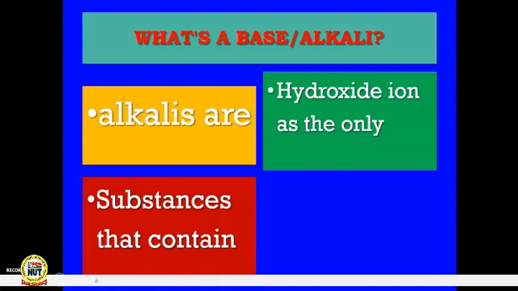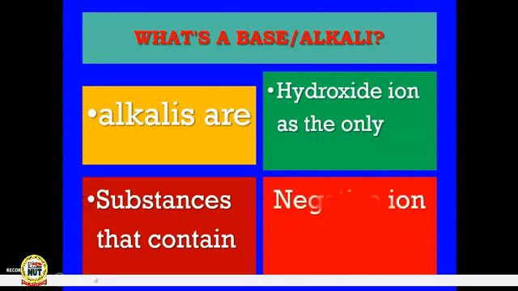They are actual substances that contain hydroxide ion as the only negative ion. And the negative ion is represented as OH minus. So, substances that have the OH ion in them have tendencies to be alkalis.